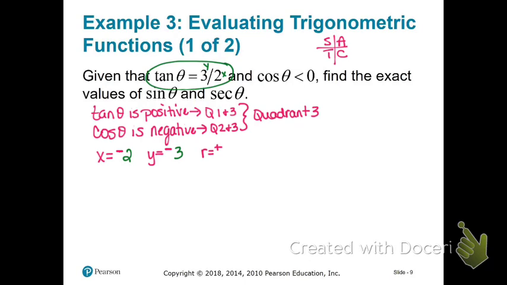But now I need to find r so that I can find sine and secant. How am I going to find r if I know x and y? X squared plus y squared equals r squared.